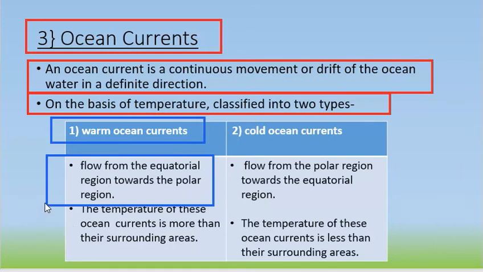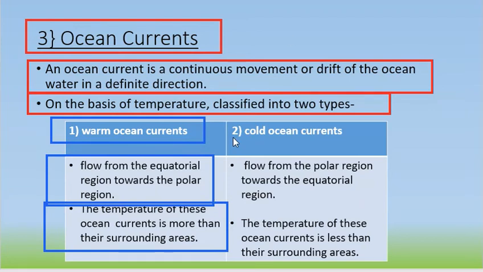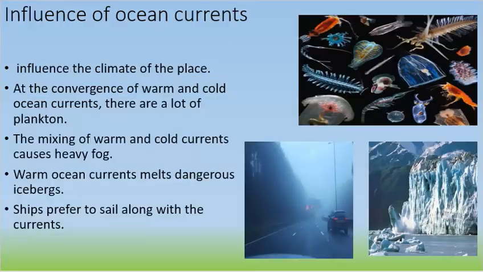The temperature of these ocean currents is more than their surrounding areas. Now, the cold ocean currents flow from the polar region towards the equatorial region. The temperature of these ocean currents is less than their surrounding areas.